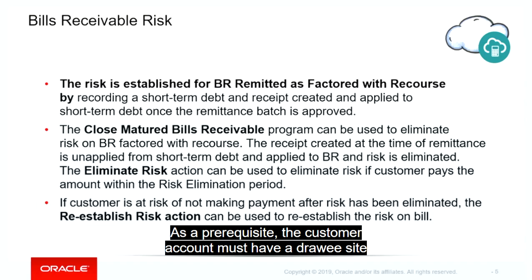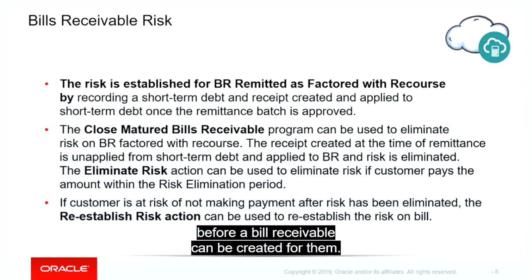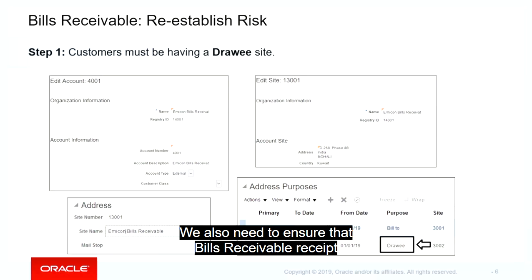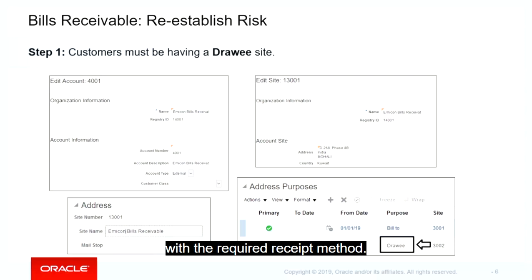As a prerequisite, the customer account must have a drawee site before a bills receivable can be created for them. We can establish a drawee site by going to the customer site and having a site use as drawee. We also need to ensure that a bills receivable receipt method has been created so that the transactions can be created with the required receipt method.